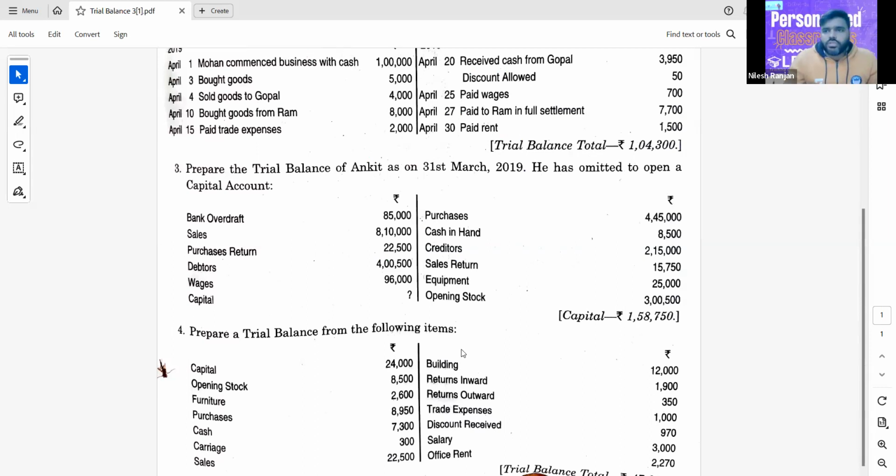There is no other type of question here. Let's say if an adjusted purchase is given here, like in question number 3, then what will you do?